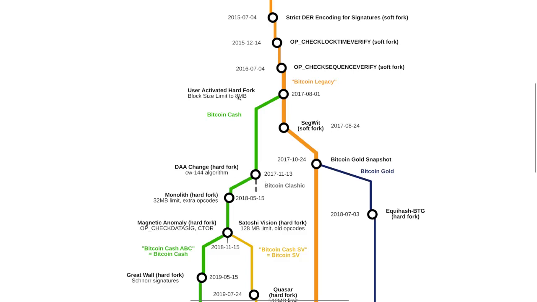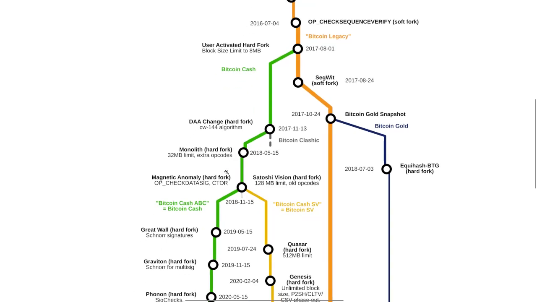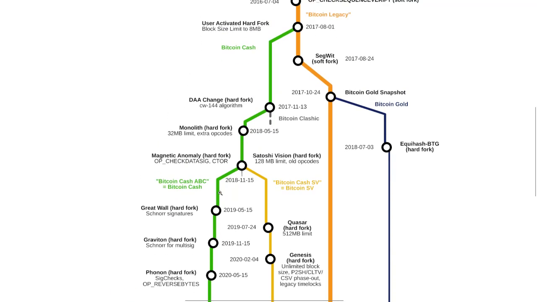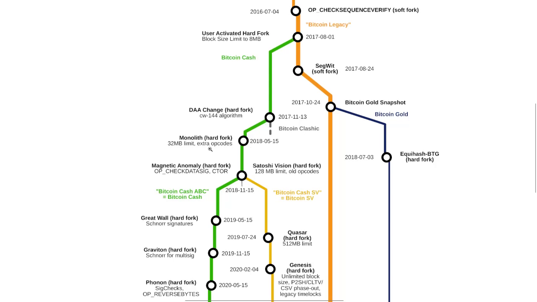So as you can see, Bitcoin Cash started with a hard fork, but continued the trend of doing hard forks for each upgrade. And then the probably most important next state, there was some minor thing called Bitcoin Classic, but it's not too important in the grand scheme of things.